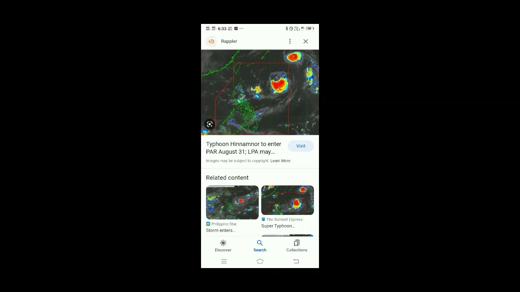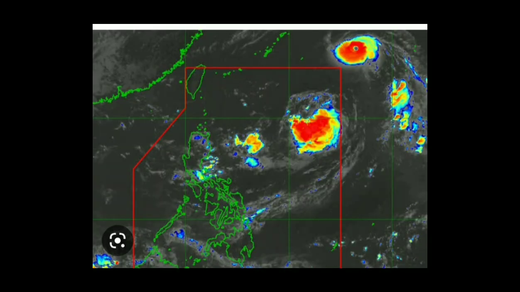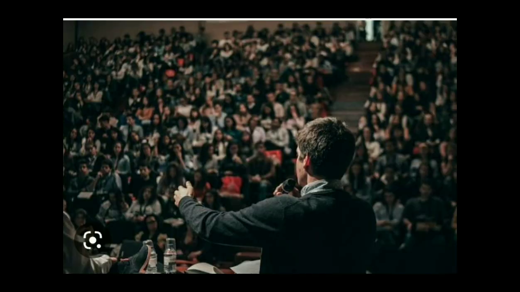Ayan ang weather forecast. And the third one is the speeches, which is very common in disseminating information. So dissemination can be powerful when adding rhetoric or other forms of persuasiveness to the speech.